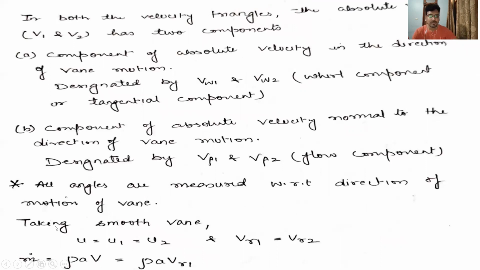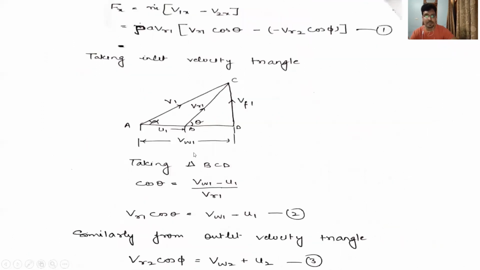So taking a smooth vane, then u equals u1 equals u2 and Vr1 equals Vr2. What will be the value of mass flow rate? Mass flow rate m dot equals rho a v equals rho a Vr1. So what will be the value of Fx?